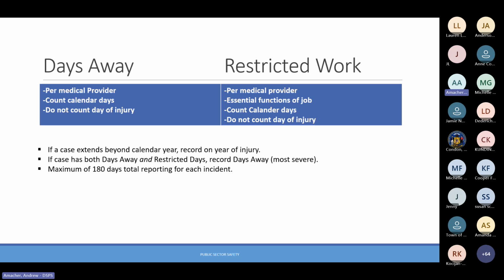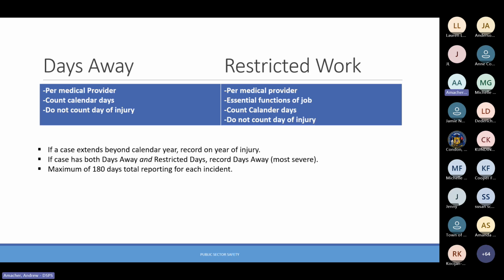Those will be recorded on the year prior, and those reports in the ESLA portal can be edited up until July 1st of the following year to allow you to make edits to that report if needed for a job restriction transfer or days away from work that extends into the following calendar year.